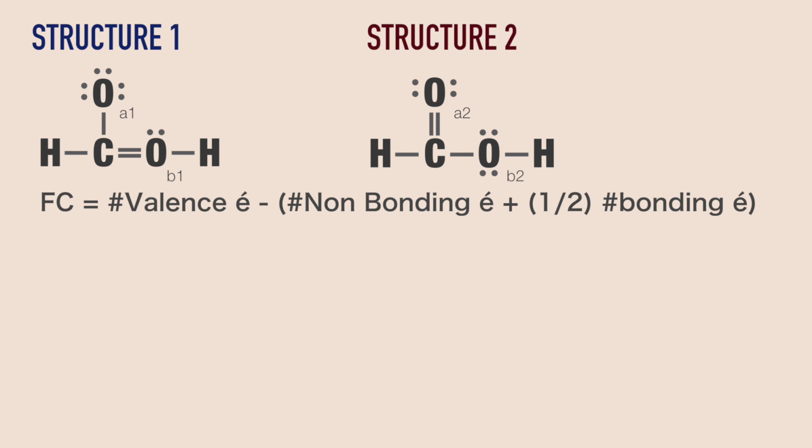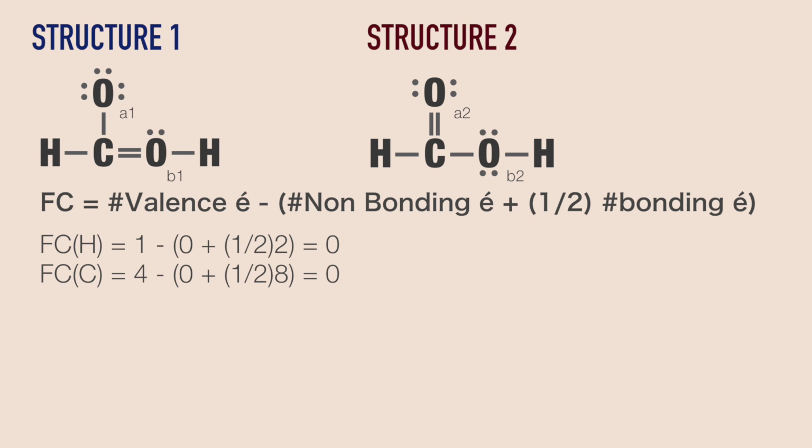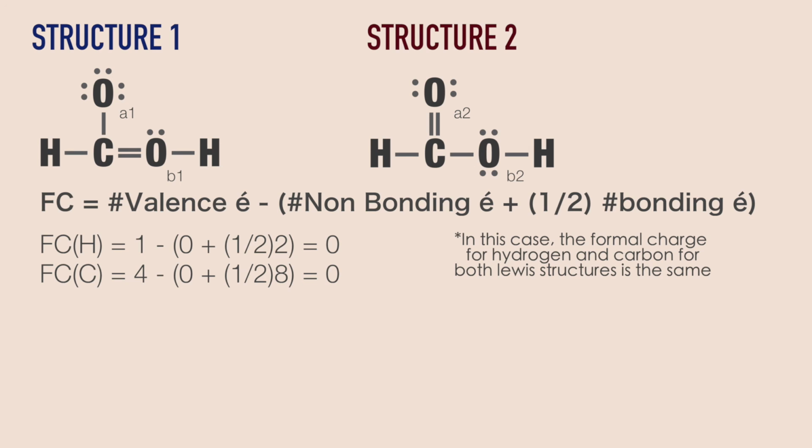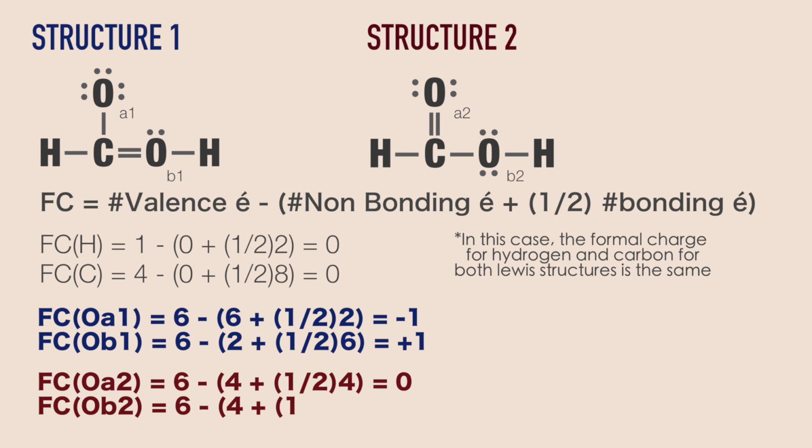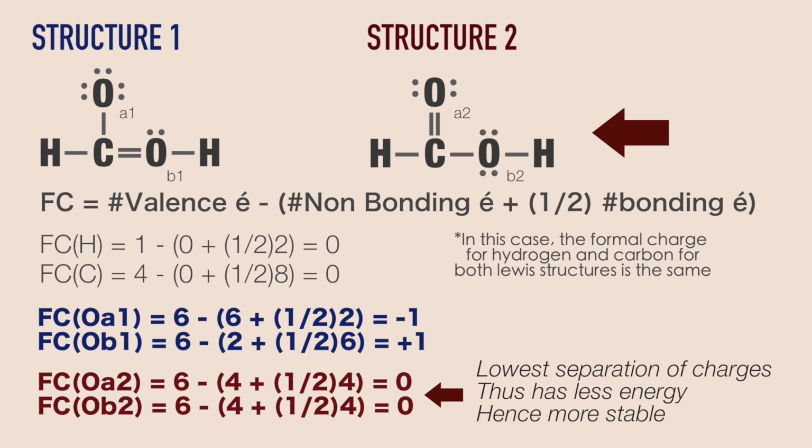Using the formula above for Lewis structure 1, the formal charge is the following. Using the formula above for Lewis structure 2, the formal charge is the following. So in this case, the following Lewis structure is more stable and is hence the chosen one.